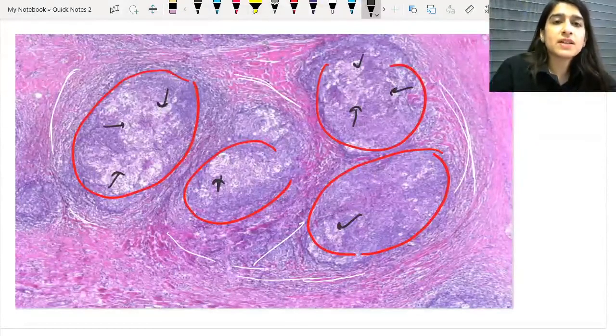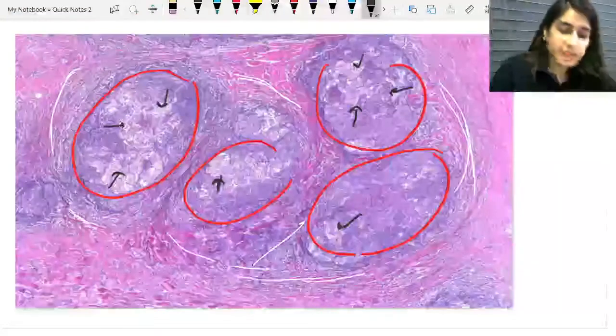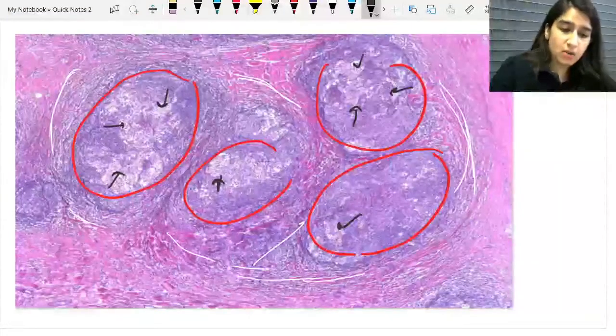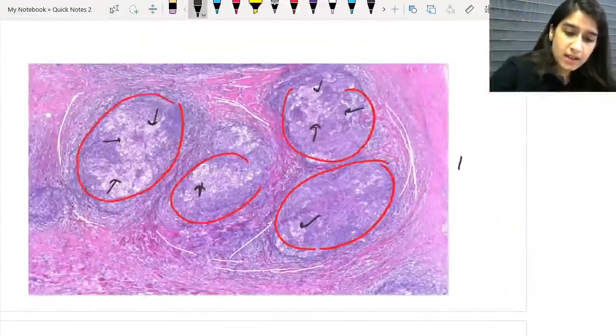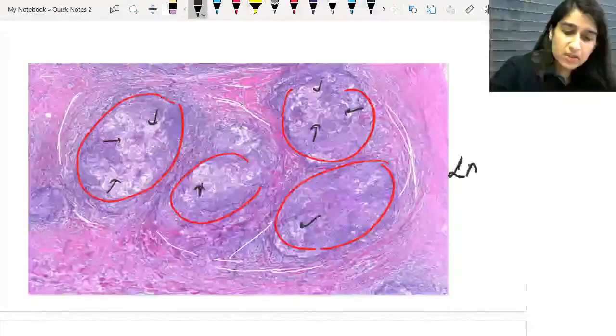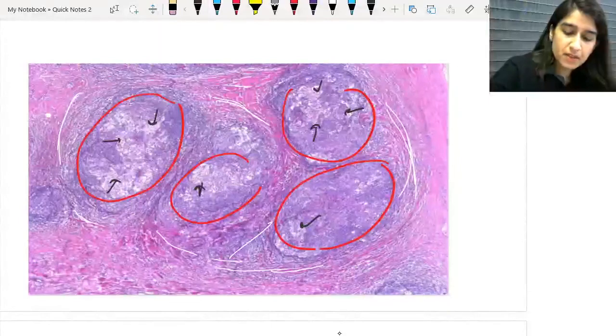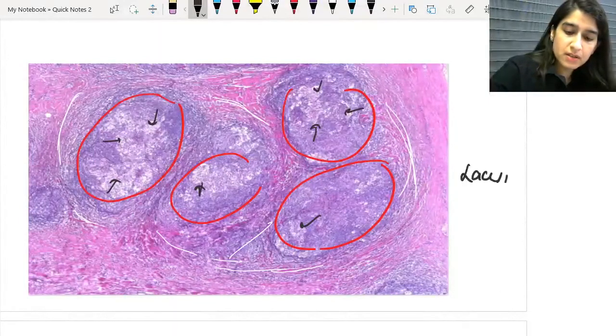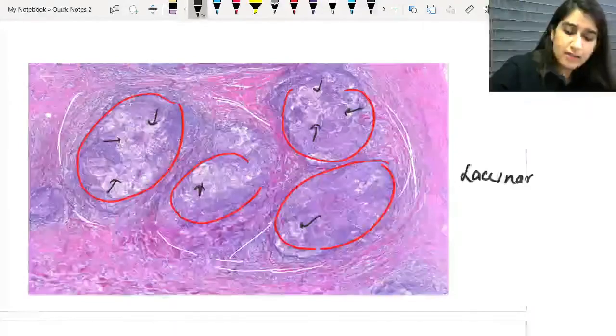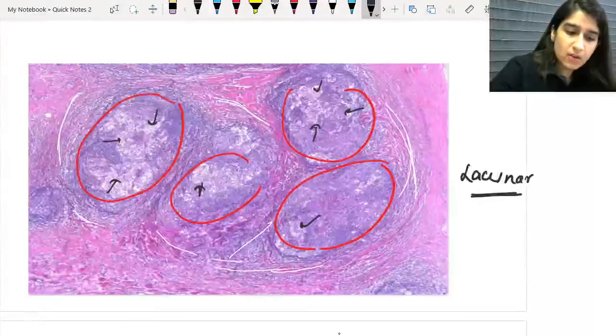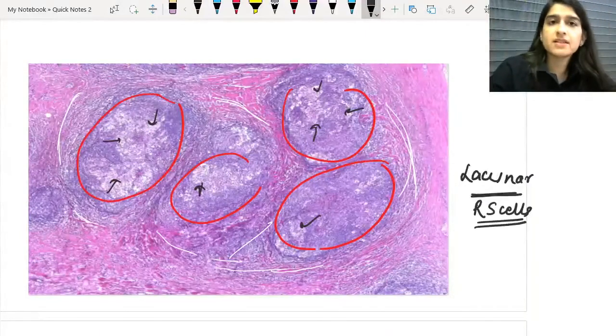So that's why these cells are called lacunar RS cells, Reed-Sternberg cells.